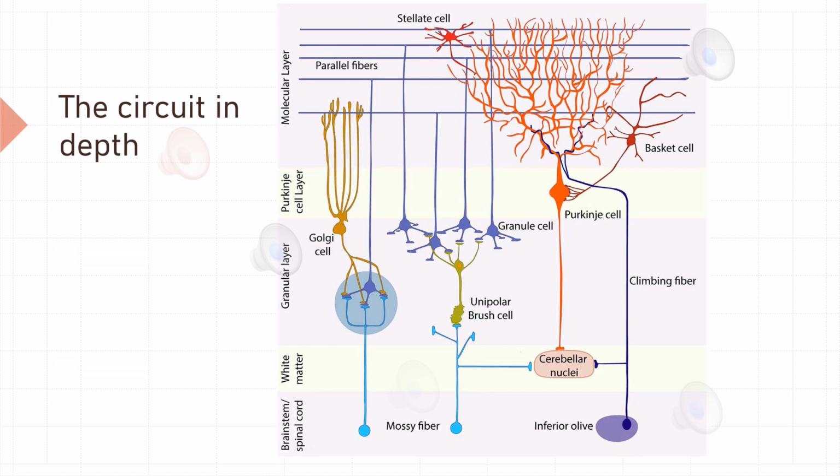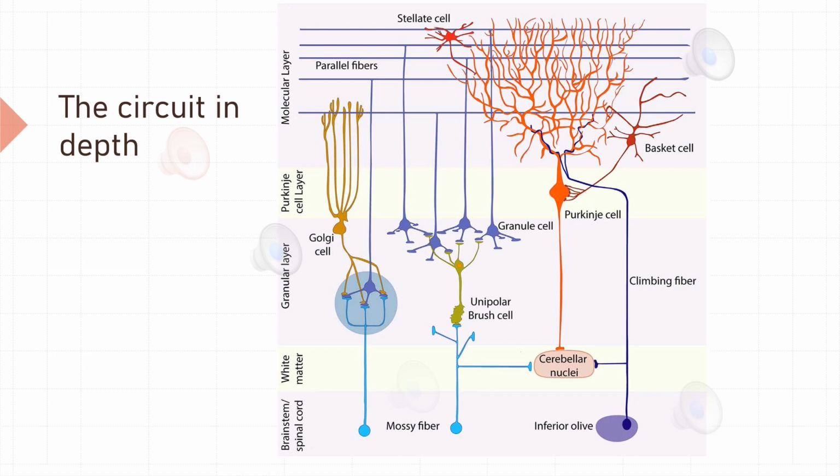So the granule cells with the parallel fibers are also synapsing with the stellate cell and the basket cell. These two are inhibitory neurons. They are going to inhibit Purkinje cells. So they have synapses with some Purkinje cells and not with others. This means that the granule cell is indirectly inhibiting some Purkinje cells as well.